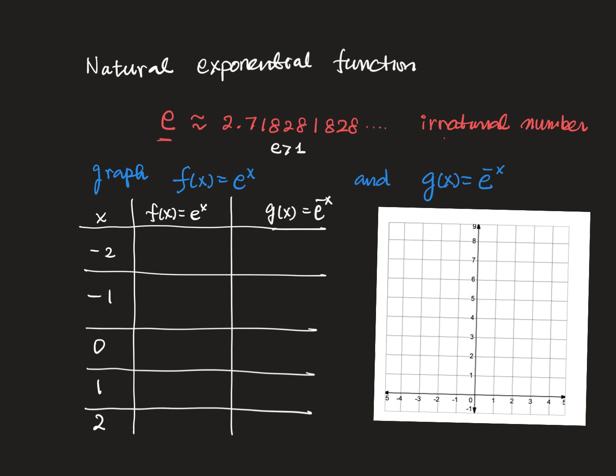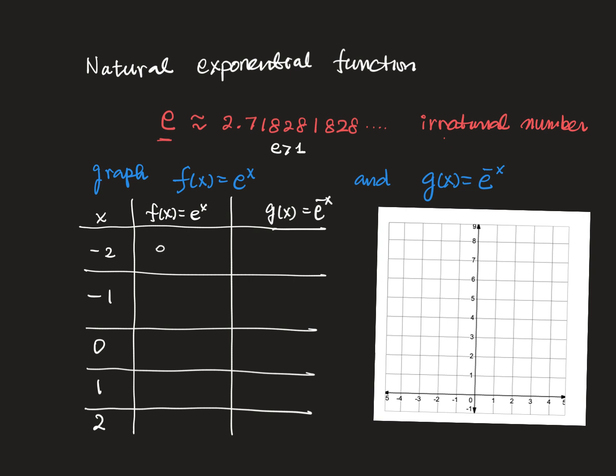Keep going. As you see, e to the 0 is always 1. Then we have the characteristics of exponential functions, two different cases: base greater than 1, and base between 0 and 1. So let's check these values on your own calculator. You can Google it, or you can check my lecture note on how to evaluate the natural exponential function.